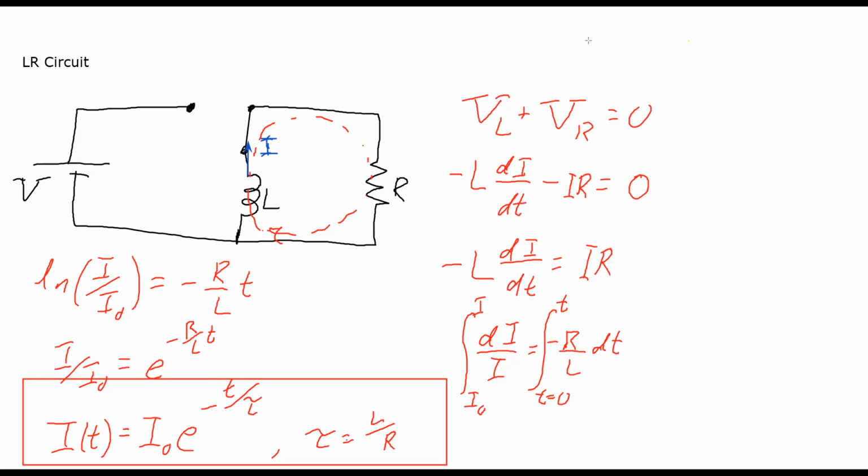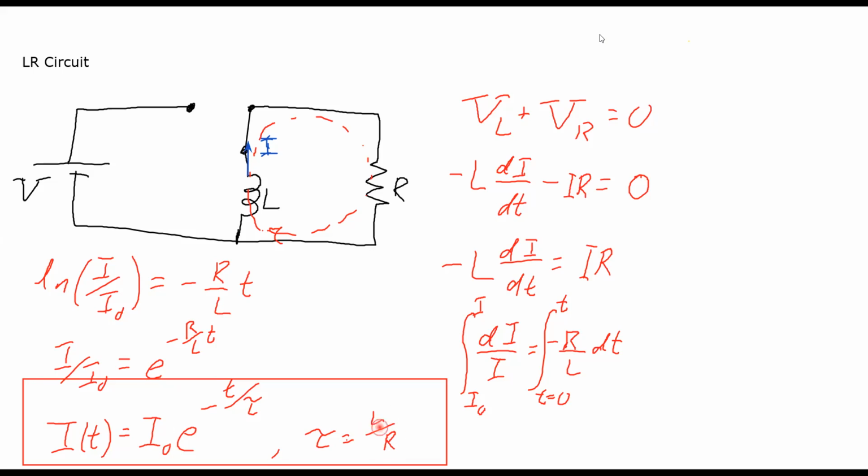One time constant tells you how long it takes to reach 37% of its initial current. So let's say that time constant was 10. That means 10 seconds from when we made that switch, it's going to be 37% of what it initially started with. If I wanted to make this decay slower, to make that current last a little longer, I would want a lower R, smaller resistance, and a larger L.